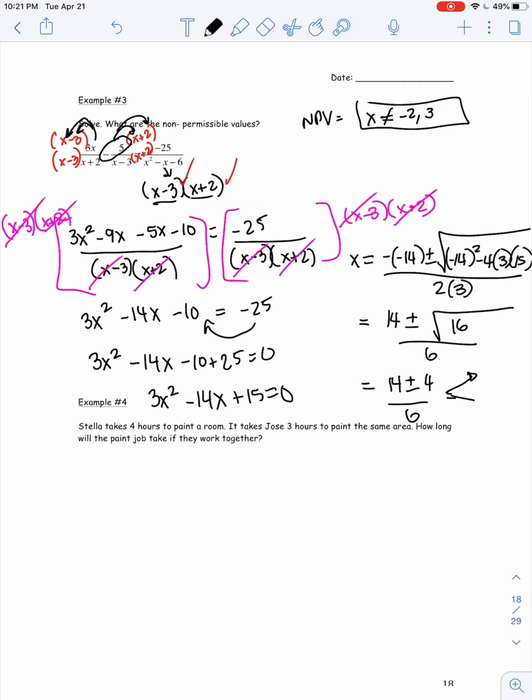So we're going to have two answers that come from this. 14 plus 4 is equal to 18 divided by 6, which is 3. So they're saying that x could equal 3. And 14 minus 4 is 10. 10 over 6 simplifies to 5 over 3.